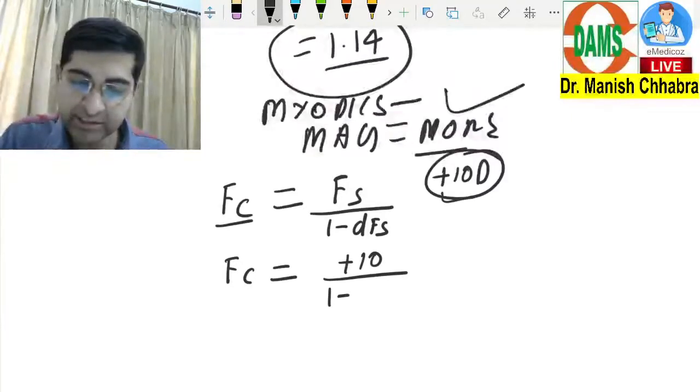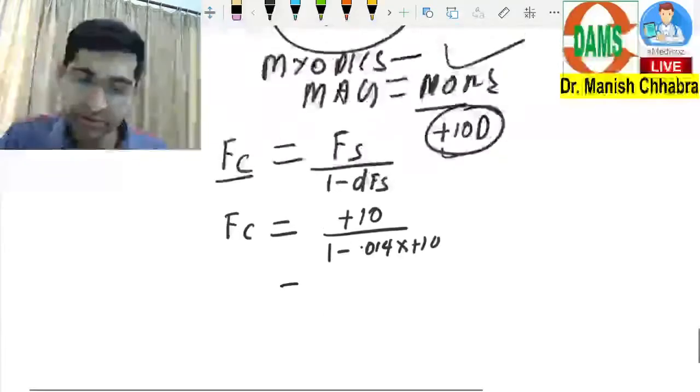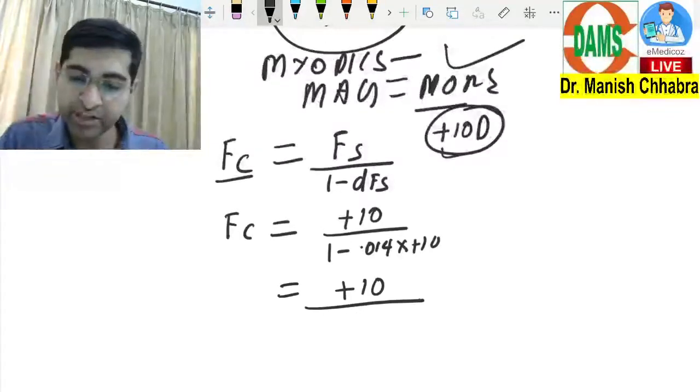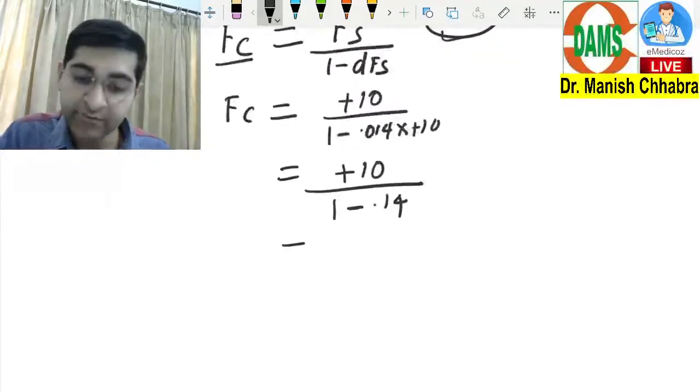divided by 1 minus 0.014 into plus 10, so it will be plus 10 upon 1 minus 0.14, right? And it will become 10 divided by 0.86.